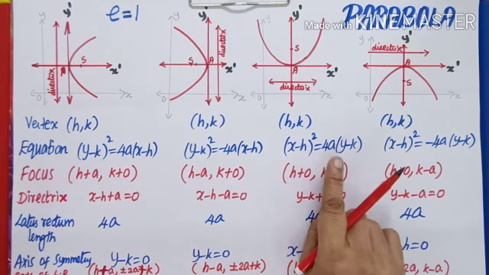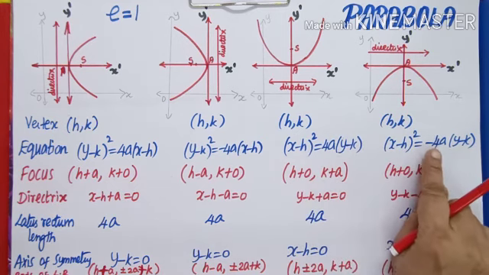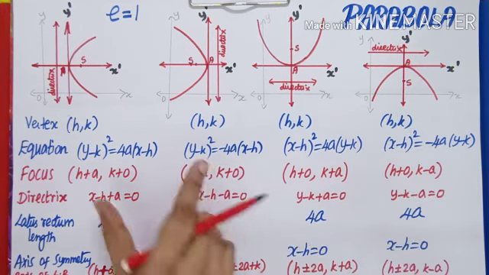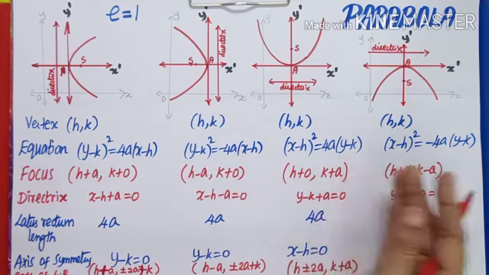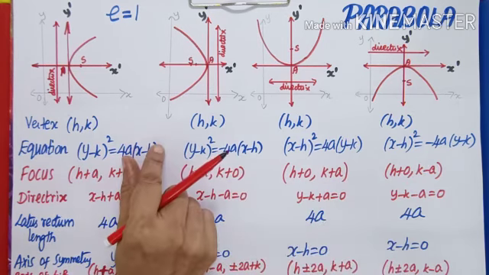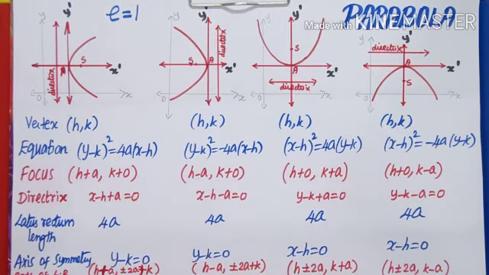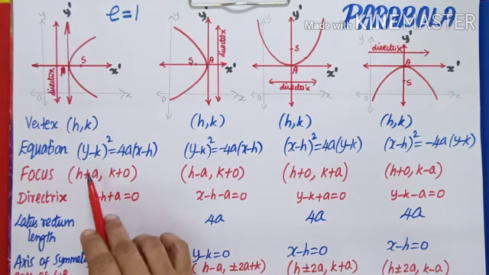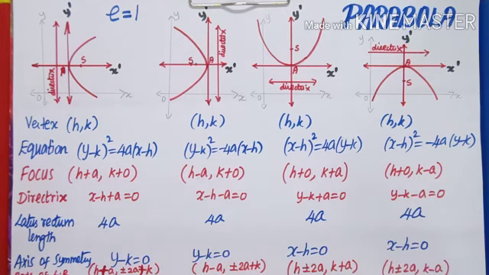So we have the third equation, and the fourth is the same but with a negative symbol. So here only the symbol changes. Here x and y are interchanged. This x minus h goes to the left and y minus k comes to the right. Remember, all these four formulas you must be thorough with.